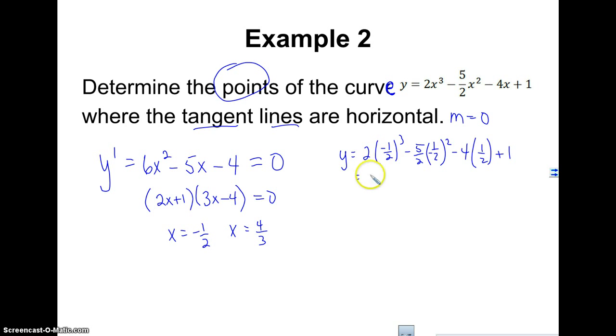So this is going to be negative 1/4 minus 5/8 plus 2 plus 1, which gives negative 5 halves. So my point is negative 1/2 comma negative 5 halves.